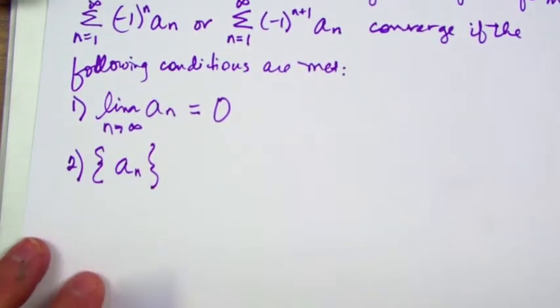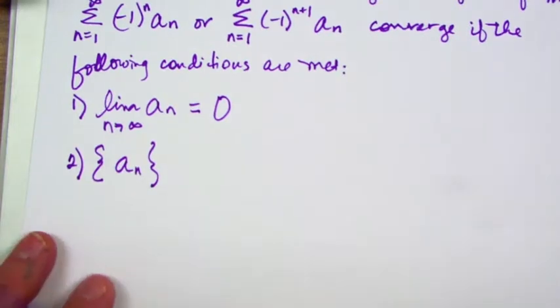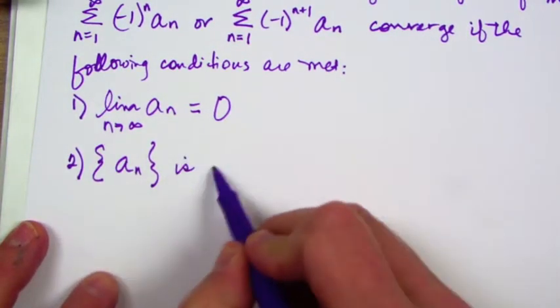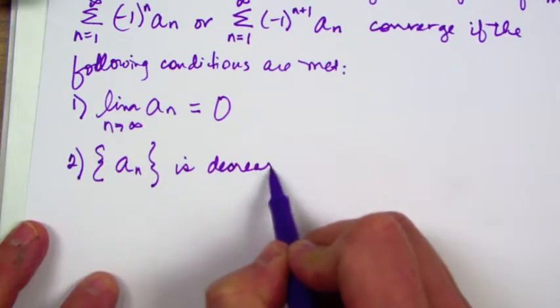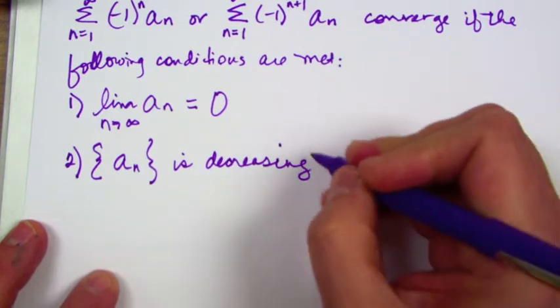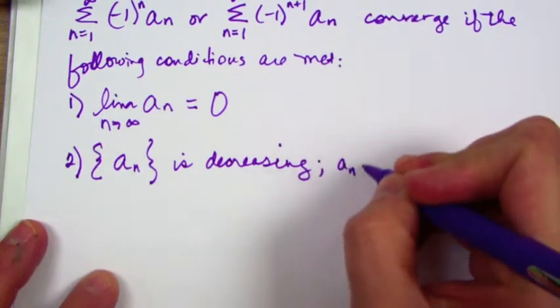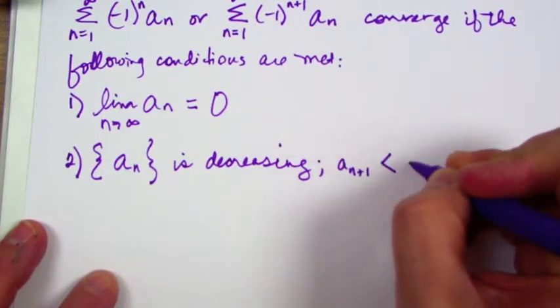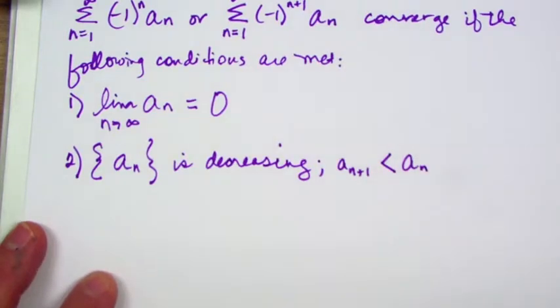the set of numbers a sub n, or the sequence really is what we're talking about there, is decreasing. So a sub n plus 1 has to be less than a sub n, for all n.